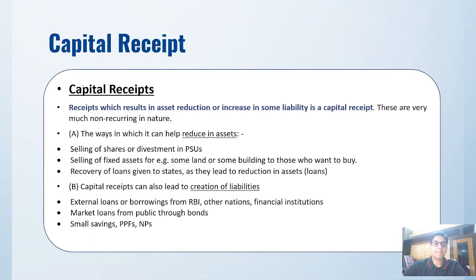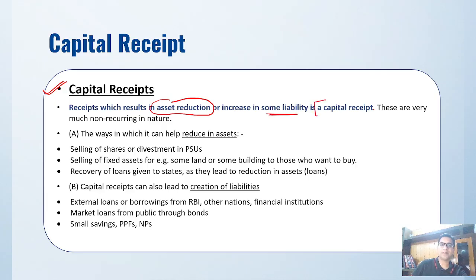Now, capital receipt, what exactly is the meaning of capital receipt? What do we call capital receipt? Why can we not call it revenue receipt? Capital receipt is a receipt which results in asset reduction or an increase in some liability.